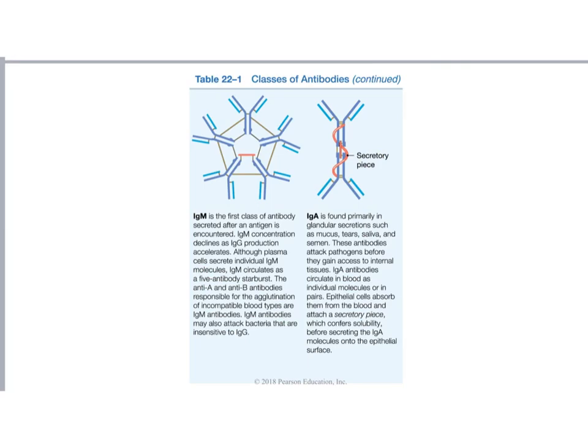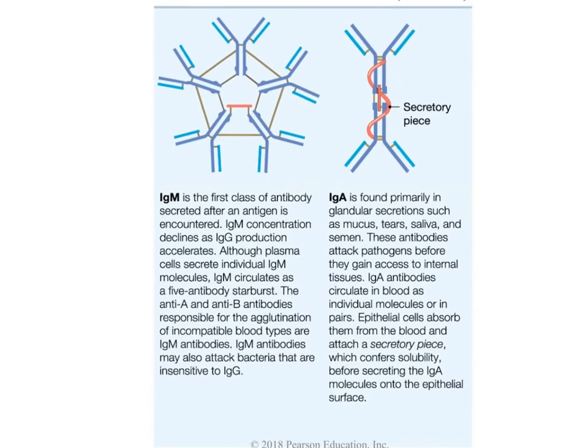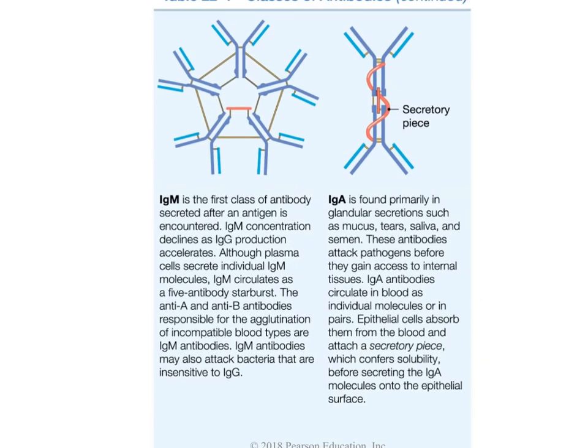Okay, so here we have IgM and IgA. IgM is pretty large. You can see that it's actually made up of 5 different antibodies. Antibodies are these Y-shaped proteins. So there's 5 there. They're the first class of antibodies secreted after an antigen is encountered.